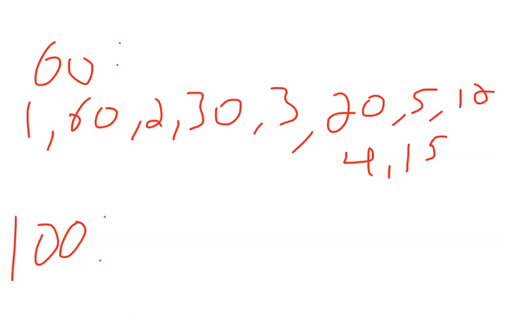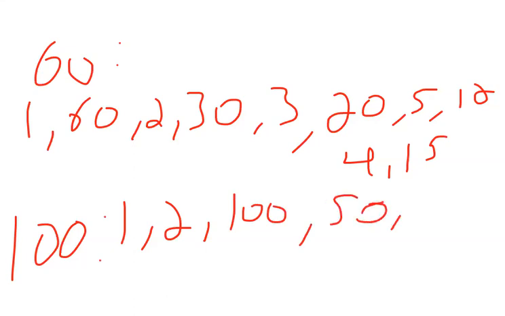100 is a popular one. So 1, 100, 2, 50, obviously. 4, I think 25 times 4 is 100. So you could do that. 25, 5 times 20.